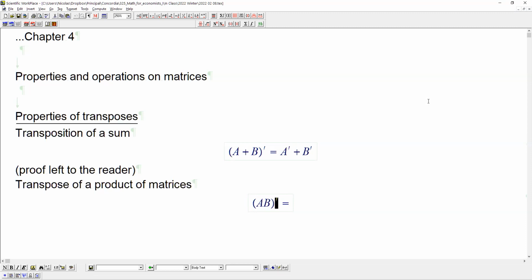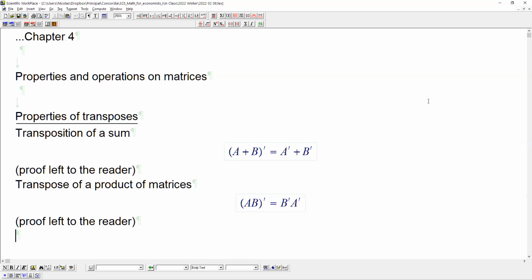I apply the transpose to all of the elements, but also I flip the order around. So it's B transpose A transpose. Last year I spent some time trying to prove this myself, and I got super confused. If you want to go and try it for yourself, go ahead. I think it shouldn't be too difficult, but it can be confusing at some point.